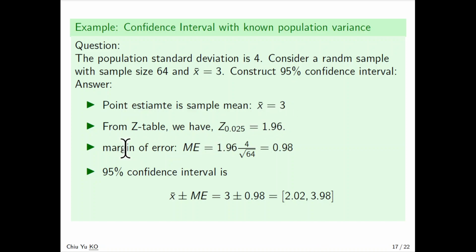Look at the z table: for 95%, alpha is 0.05, and 0.05 divided by 2 is 0.025, which gives z of 1.96. So the margin of error is 1.96 times 4 over root 64, which is 0.98. So the 95% confidence interval is 3 plus or minus 0.98. That is the idea of the interval estimator.